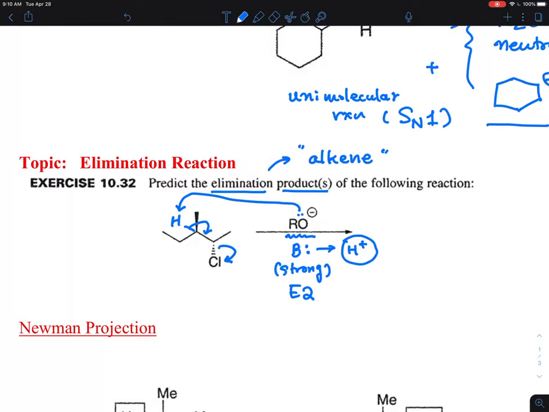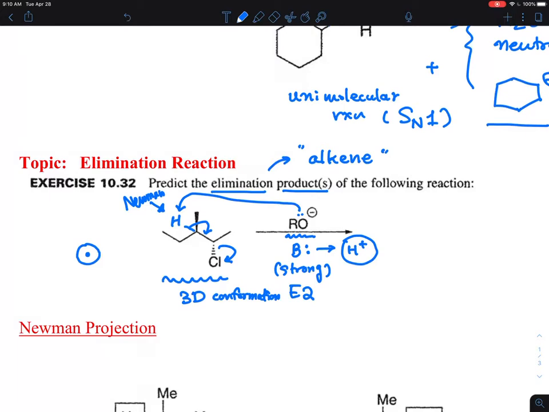Why this problem is a little bit tricky is that now you'll be looking at the three-dimensional conformation. What you can see here is you are going to do the Newman projection. In a Newman projection, the circle is in the back and the dot is in the center.